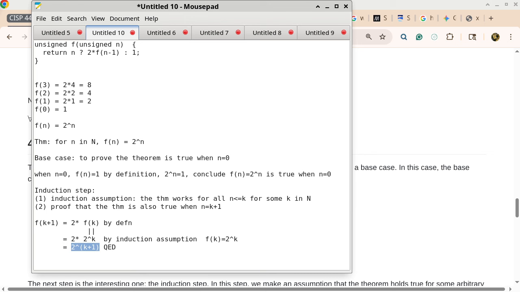You can plug in f of k, let's say k equals 5. So f of 5, according to what we know here, is 2 to the power 5, which is 32. So f of 1 is 2. 32 plus 1 is 34. It is not 64. You just have to plug in the numbers and you can find out that it doesn't work.